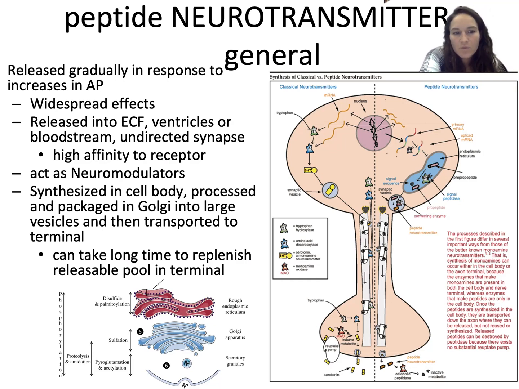Whereas classical neurotransmitters can have this recycling and repackaging of their vesicles locally at the axon terminal as well. So we can really easily increase the readily releasable pool of classical neurotransmitter vesicles compared to what we can do with peptide neurotransmitters, just because we can't easily recycle the peptide neurotransmitters at the level of the terminal.